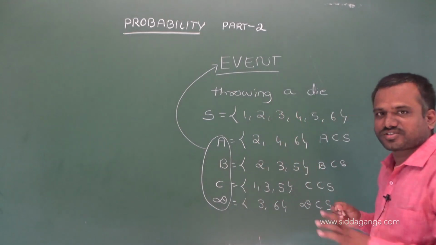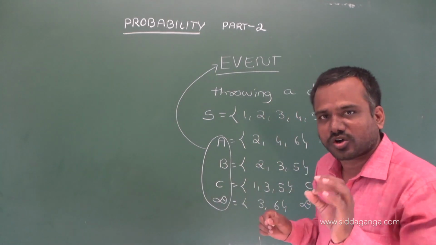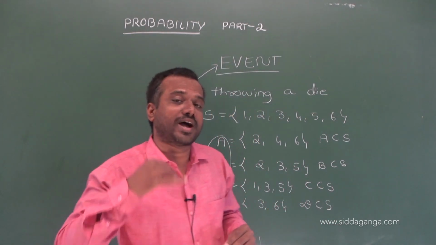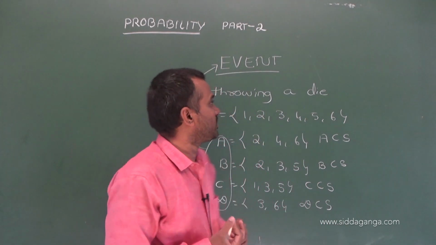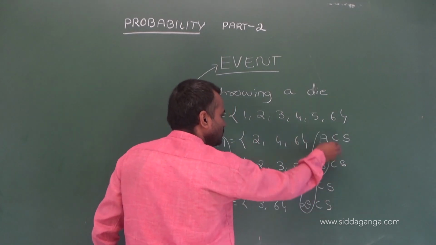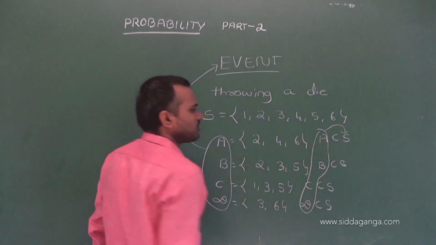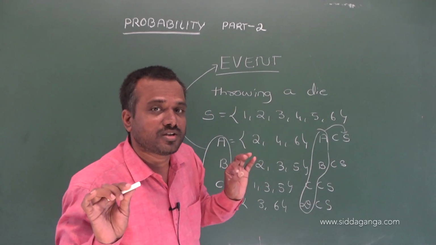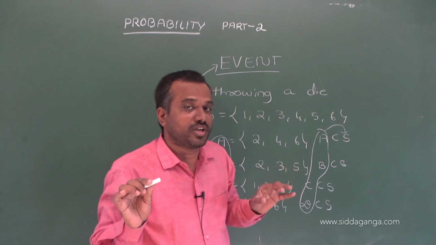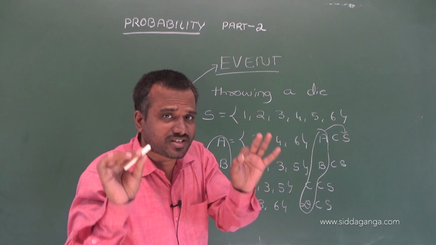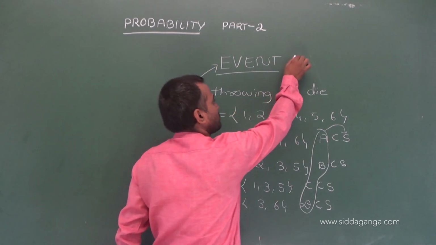All these sets are called what? Events. Then what is the actual definition? Event means, so observe here, all these are subsets of what? Sample space. Then you know about the definition. Event means it is a subset of the sample space.